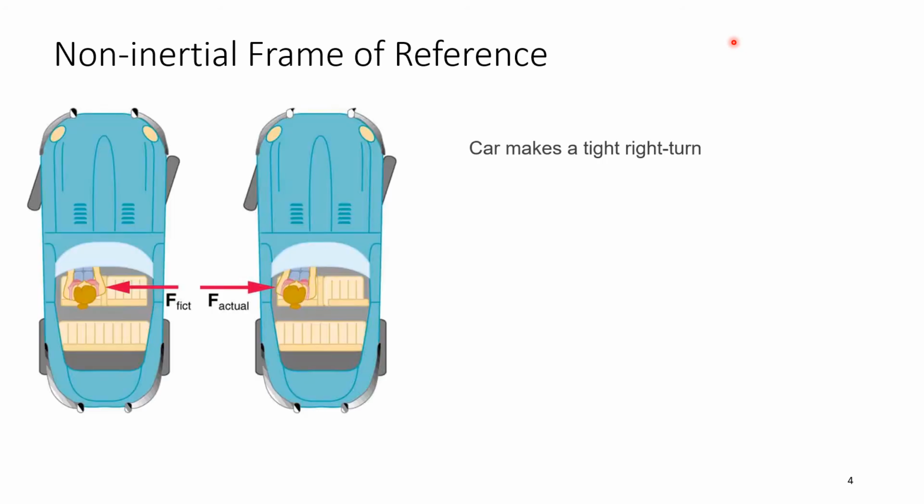A common experience occurs when a car makes a tight turn, say to the right. The car driver feels herself forced to the left relative to the car when she makes a right turn. This is a fictitious force arising from the use of the car as a frame of reference.